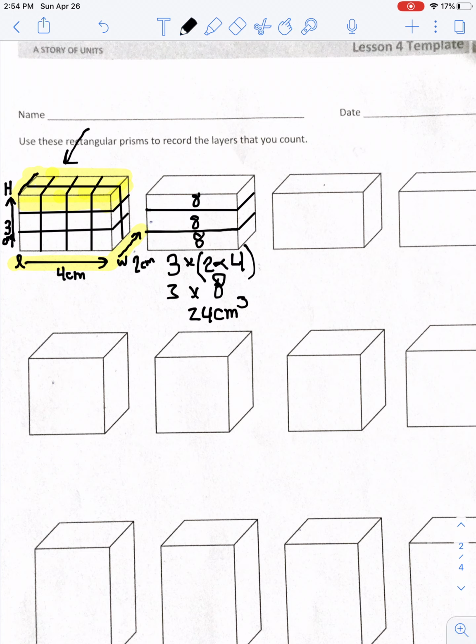We just did length and width. Now we're going to do height and length. So we have still 4 centimeters down here. So 4 lines.